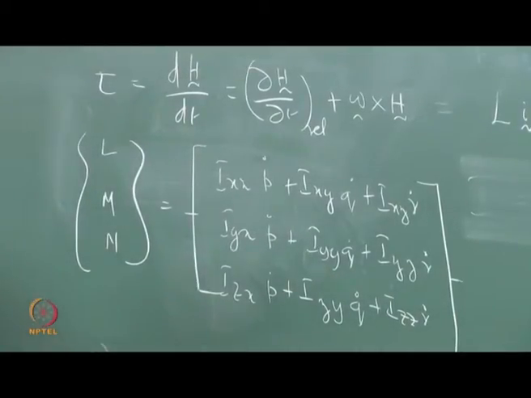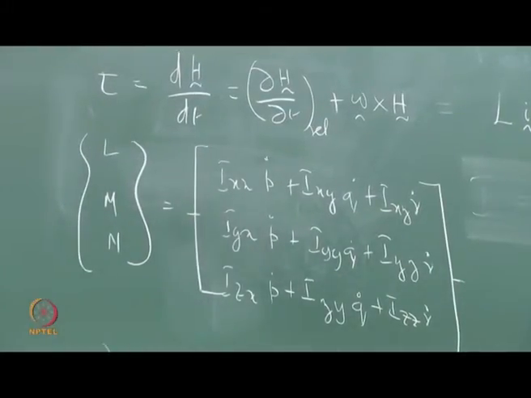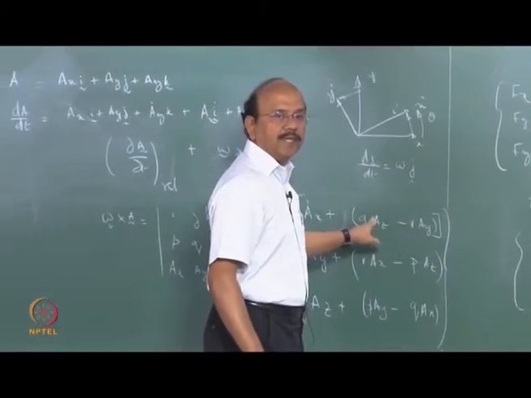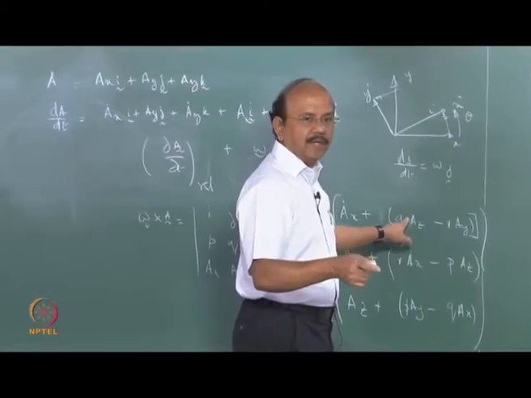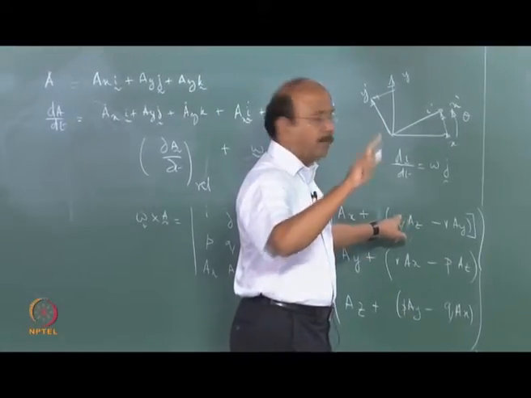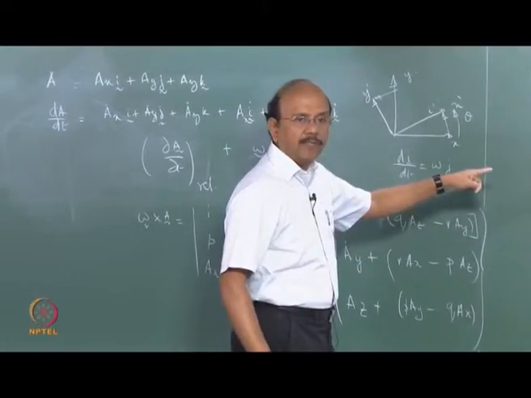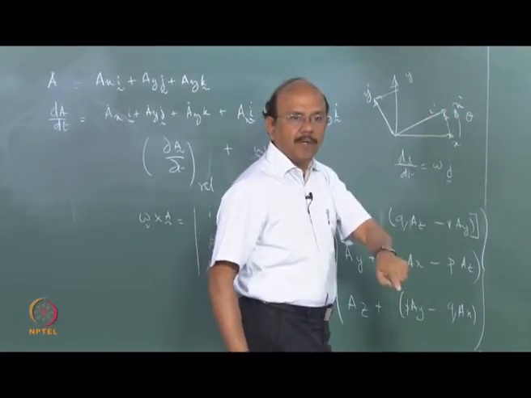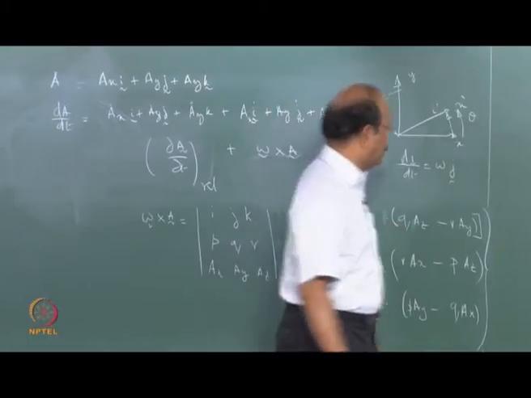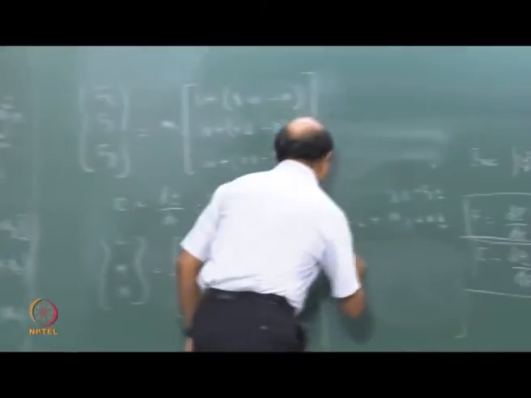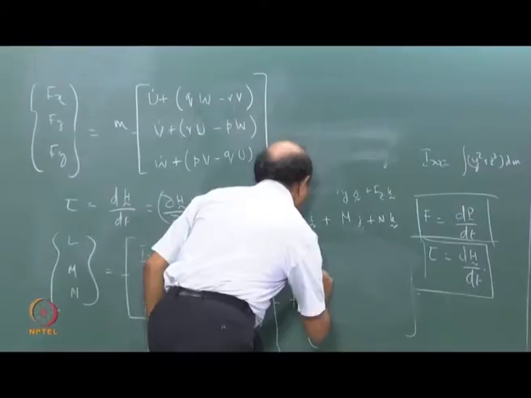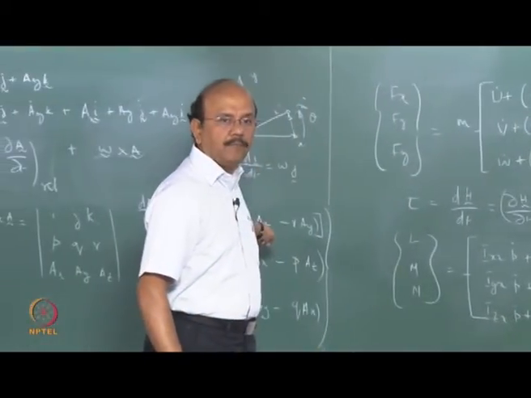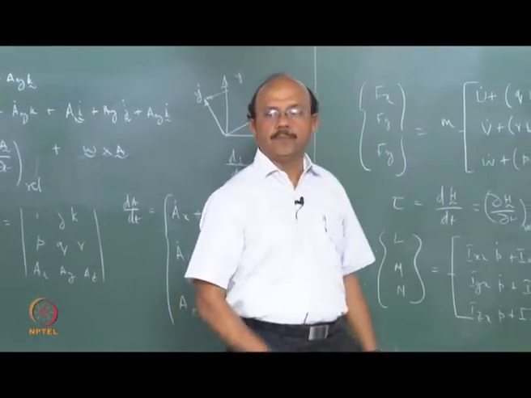Then I have to put in the same way Q into Az minus R into Ay. Okay, what is Az? Az is Hz. Remember that I had already written what is H. So multiply Ixx, Iyy, Iyz and put that there. And so there will be plus Q into Hz. Okay, how many terms will be there on Hz?